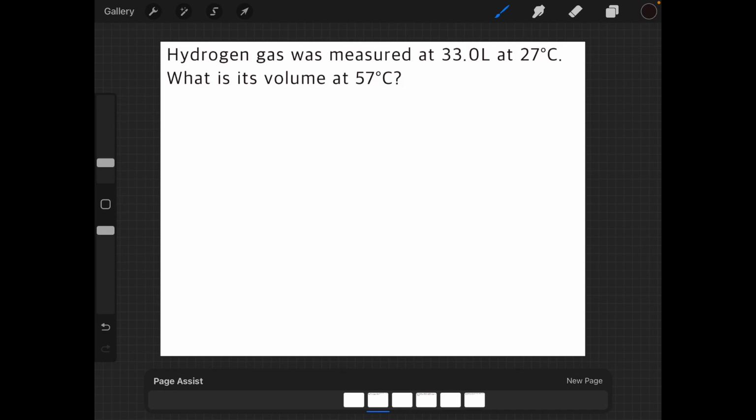To start any problem, I like to write my variables out on the side like this. Then I will fill in any information I am already given.